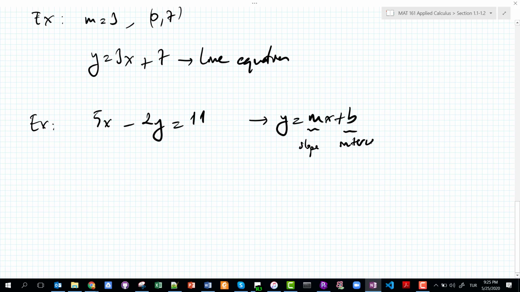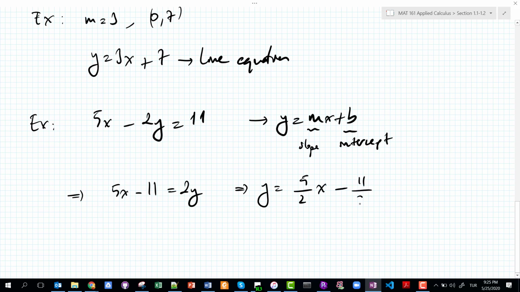But as you see, the equation I gave you is not in this form. That is why I should use some algebraic operations, and then I can put this into this form. So let's do this. If I move the 11 to the other side, that would be equal to this. And then if I move the 2y to the other side, I would have this one. Let's divide by 2 so that y could be alone. y could then be 5 over 2 x minus 11 over 2.